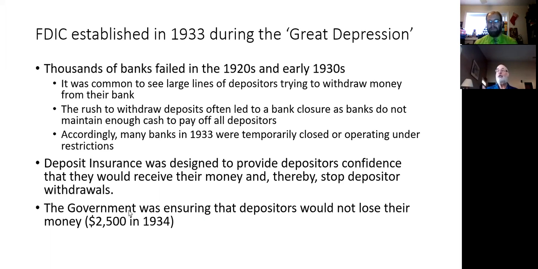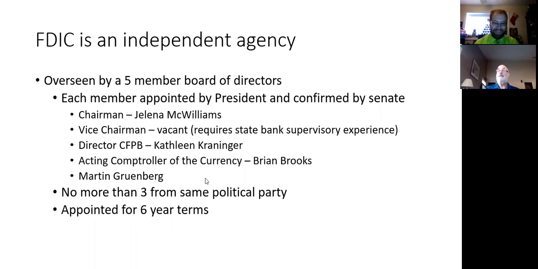When this was established in 1934, that was $2,500. Today, it's $250,000. Big difference. That was the genesis for the FDIC. The goal was to stop the people running to the bank and withdrawing money by ensuring them that they would be able to get their money if the bank failed.